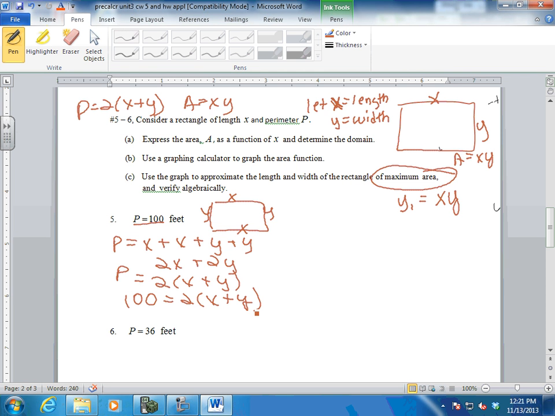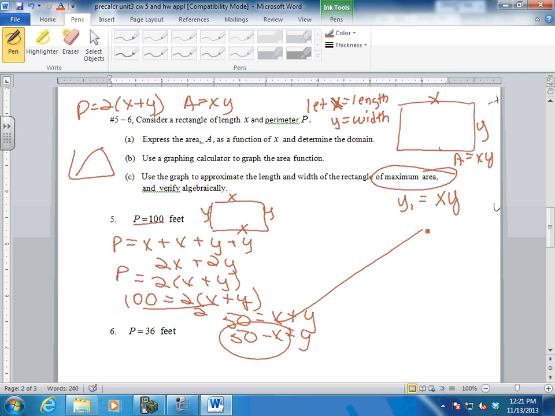We want to maximize. So is my parabola opening up or opening down? Down. We want to maximize our area. So how can I solve for y, for this perimeter? Divide by 2. Then what? Okay, good. Now I'm going to take this, and I'm going to put it right in there.